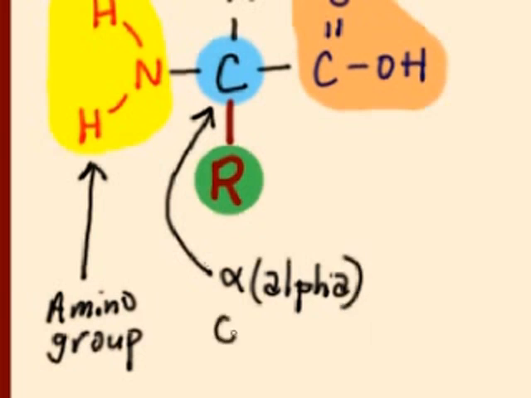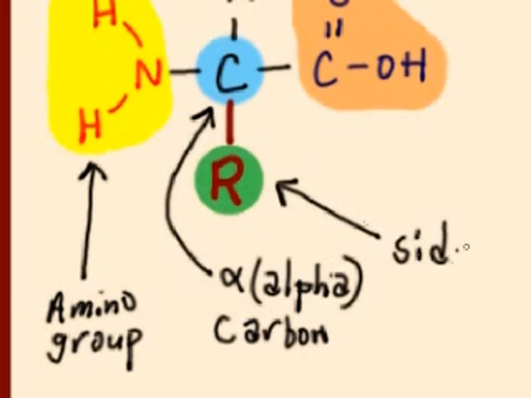The alpha carbon. This is the R group, or the side chain of the amino acid. This is the only part of the 20 amino acids that changes. This is the side chain.